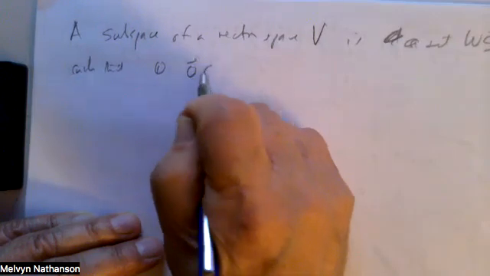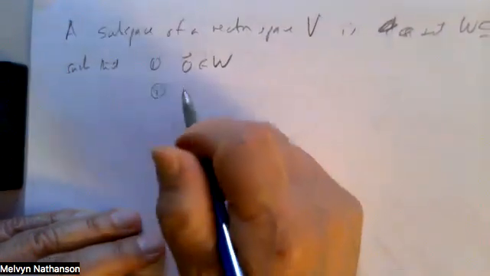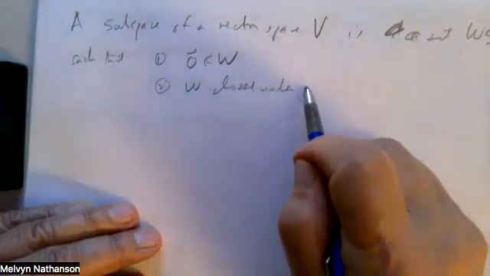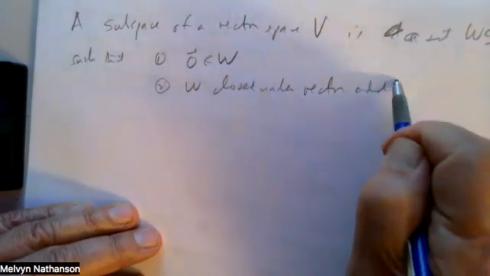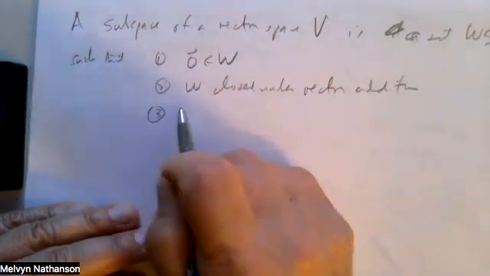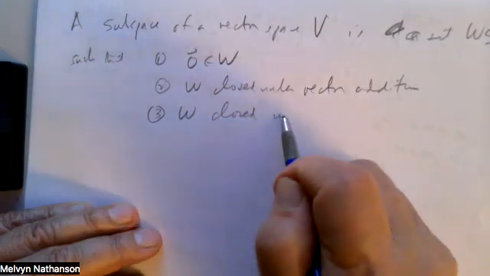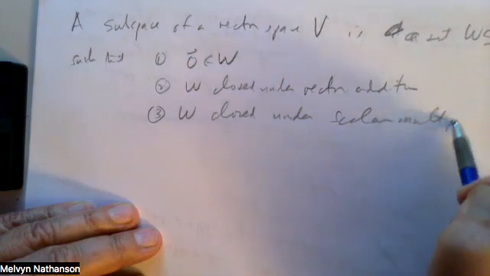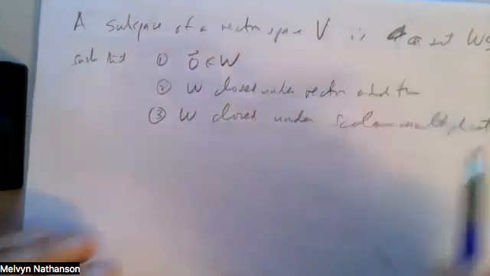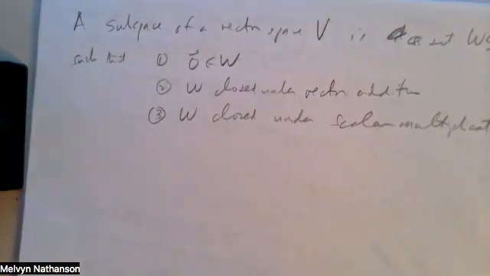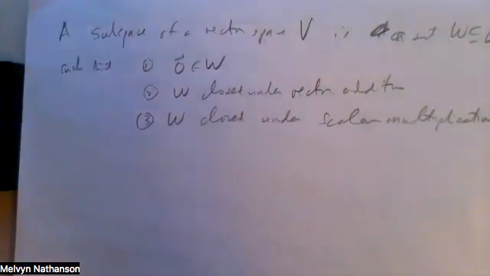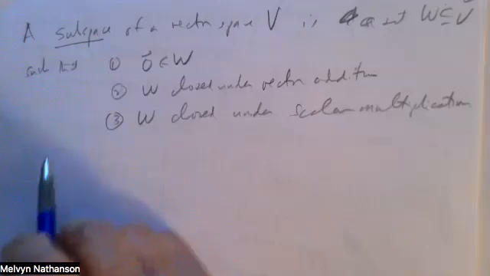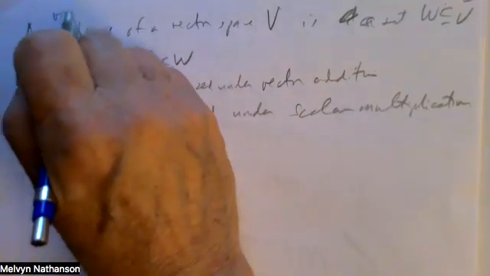First, the 0 vector is in W. W is closed under vector addition, and W is also closed under scalar multiplication. That's what a subspace is, and sometimes also called a vector subspace.